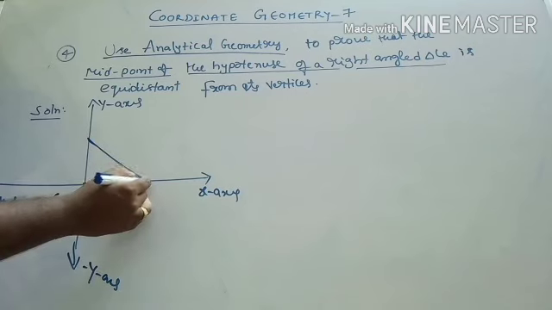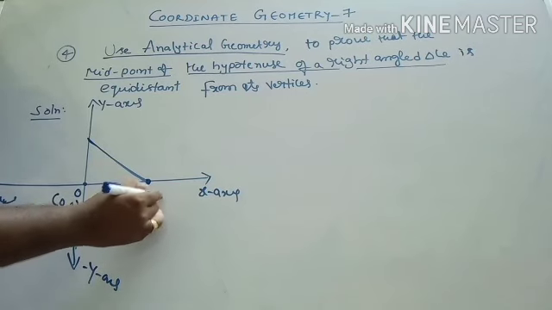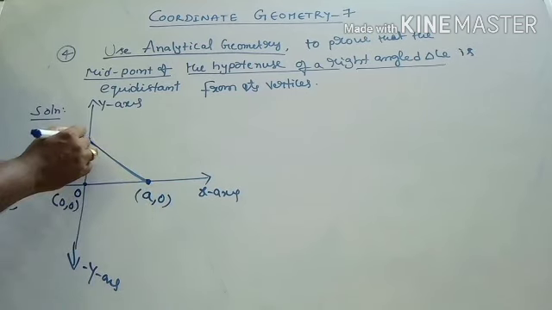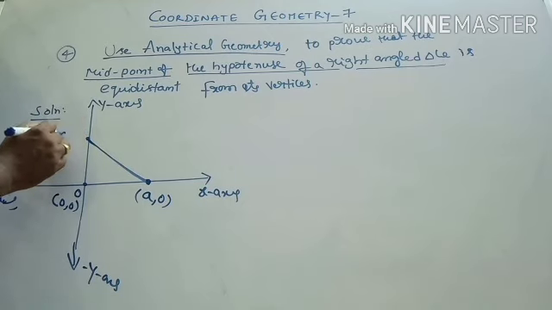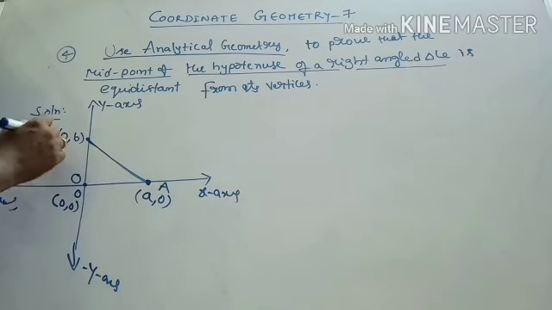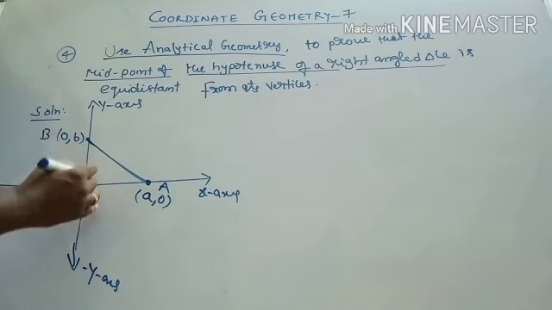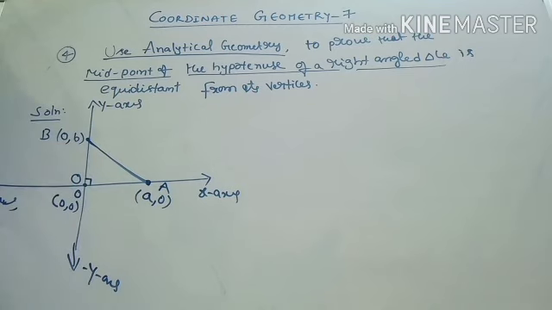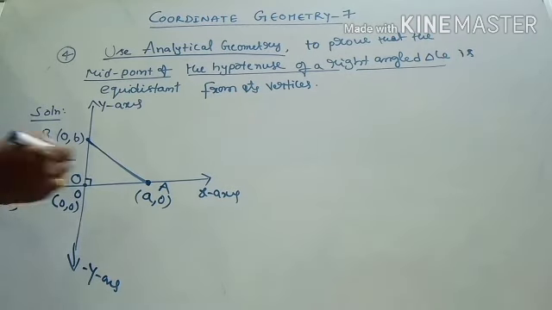Okay, any point on x-axis is of the form (a, 0), right, and any point on y-axis is in the form (0, b). Now you have got this is O and this is A and this is B, like OAB is a right angled triangle, right?